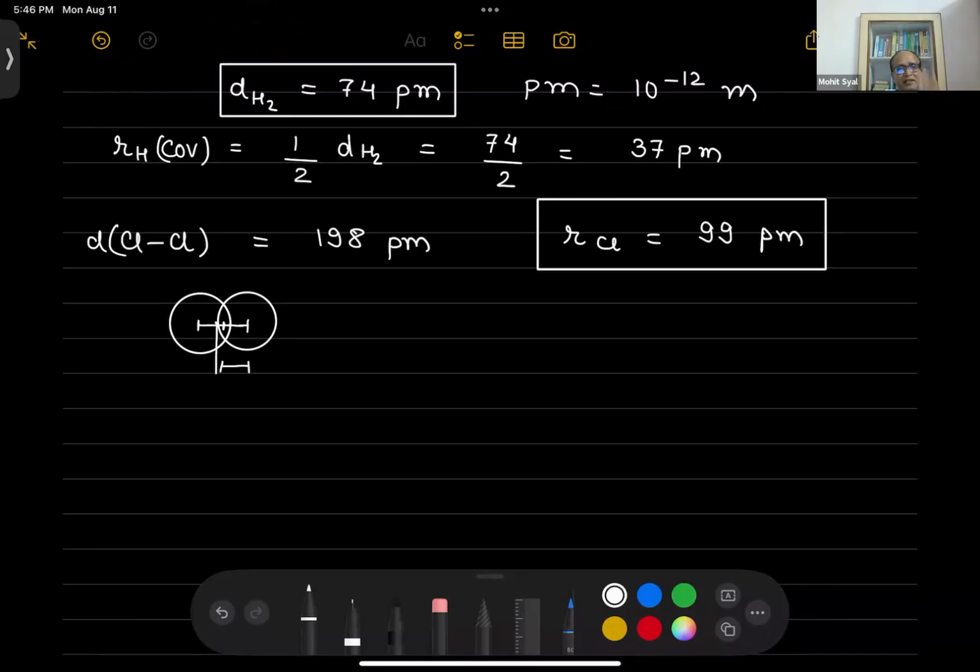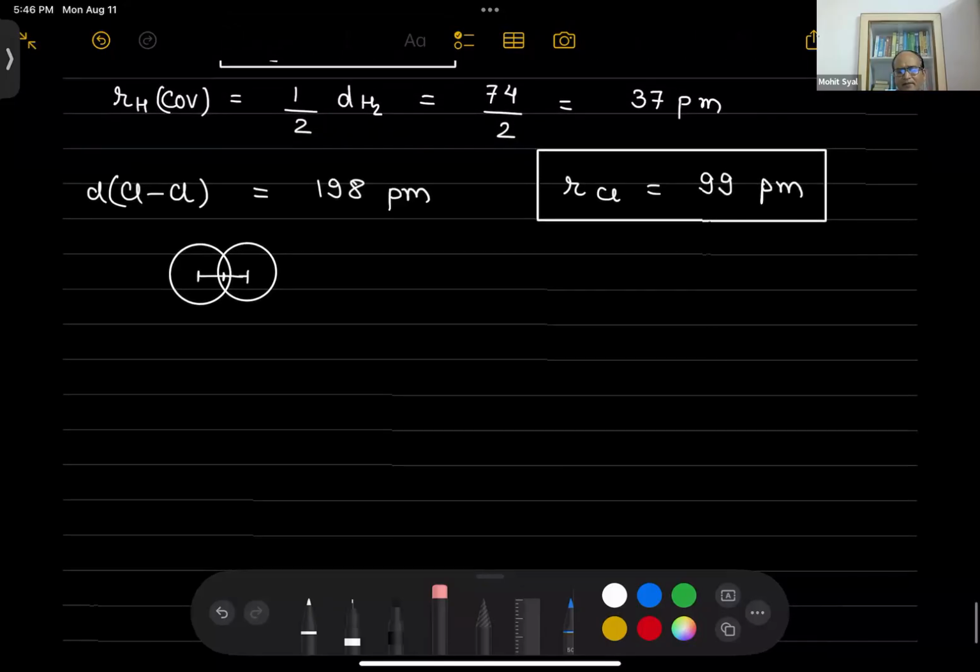But the problem is you can't see the outer boundary. That is the main problem. So you take the molecule and measure the distance, which is basically the equivalent radius. I hope this is clear.